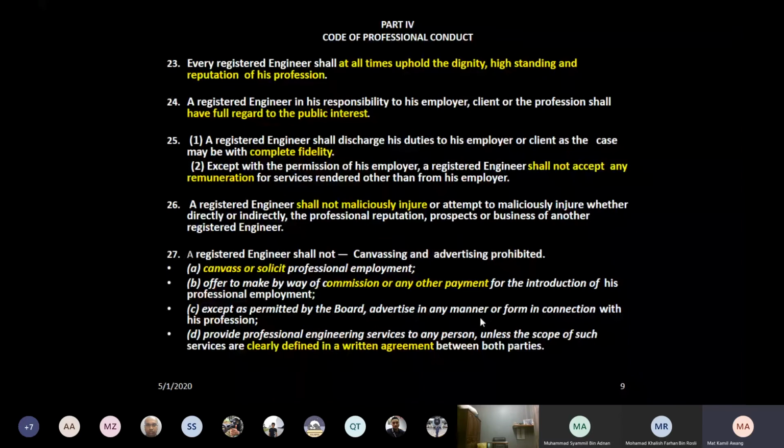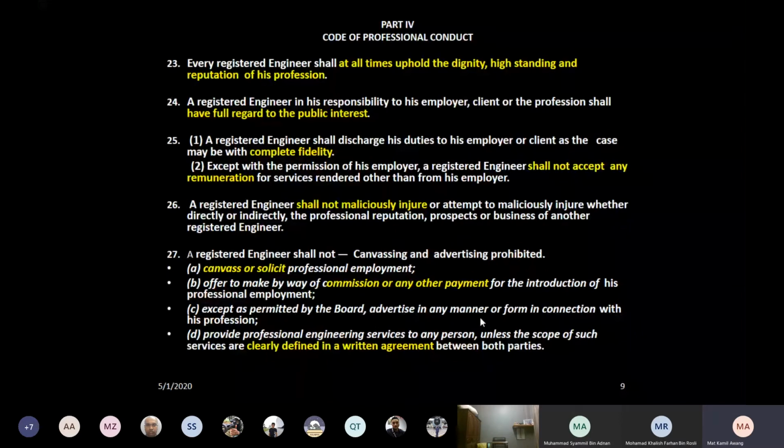27. A registered engineer shall not canvass or advertise. Advertising is prohibited. So you cannot lobby for the projects, for example, for the job.